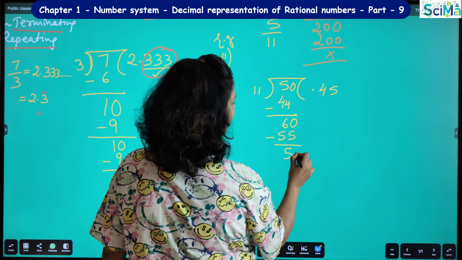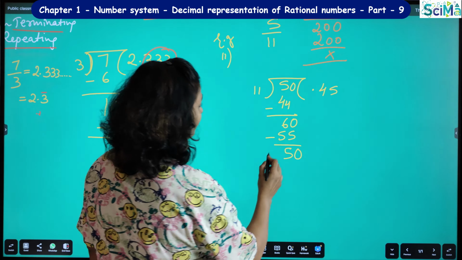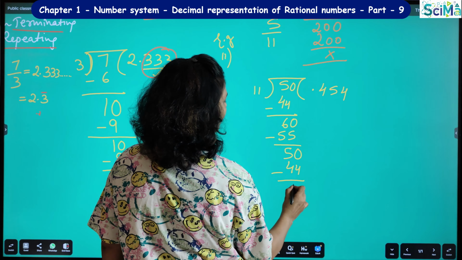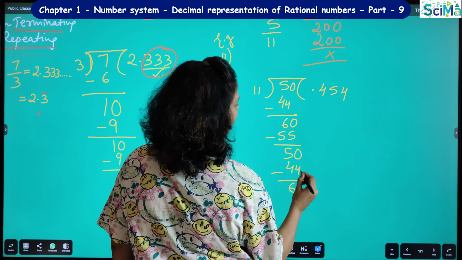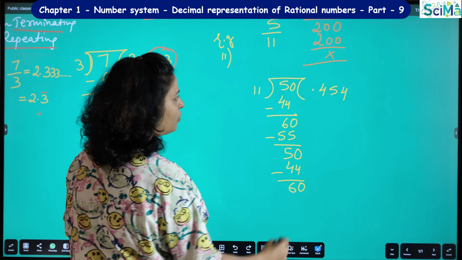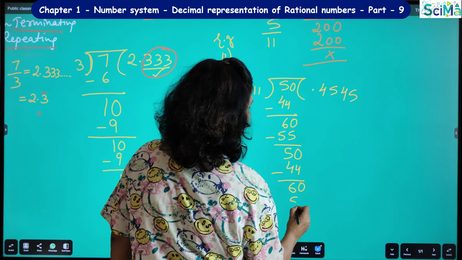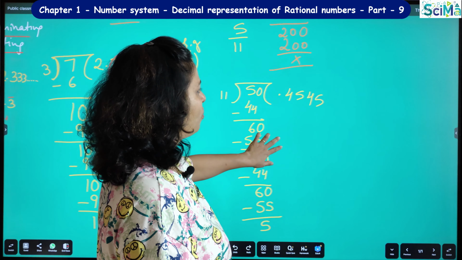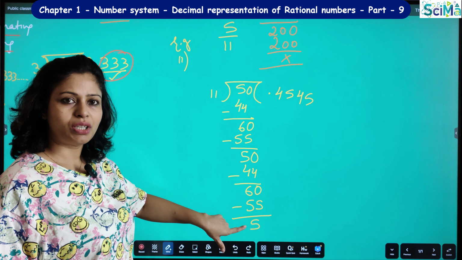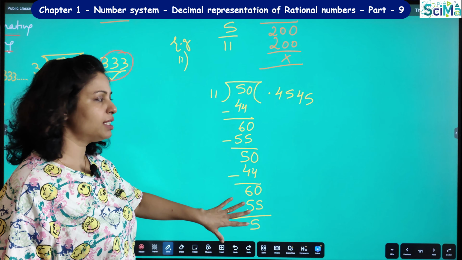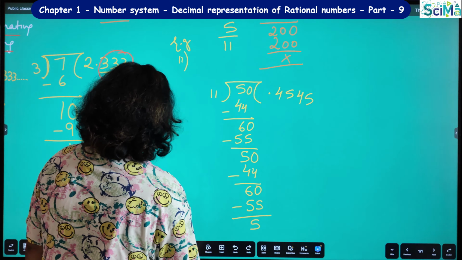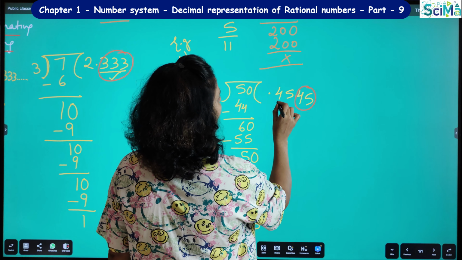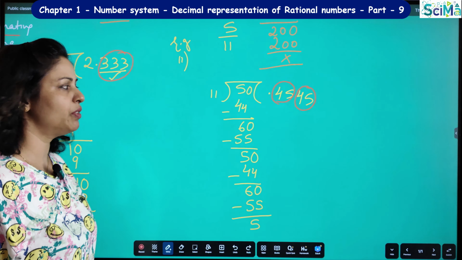Again we put a 0, 11 4s are 44, again remainder 6, and then again we put a 0, 11 5s are 55, again we get a remainder 5. So here also there is no termination happening, no remainder 0 coming. But what is repeating here? 45. This is the number which is repeating.